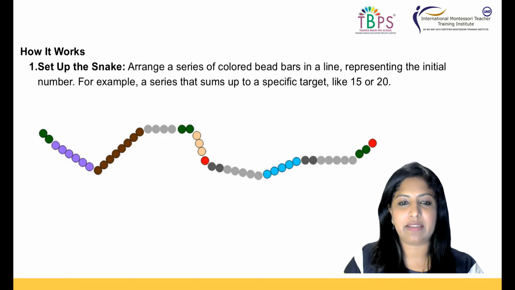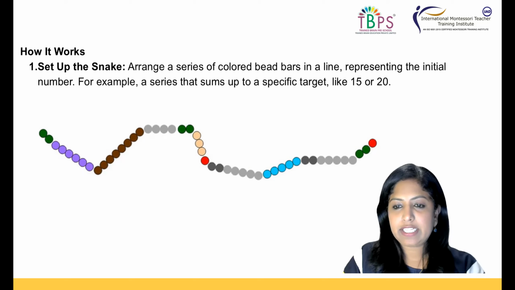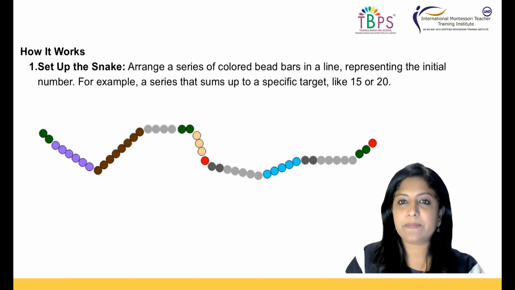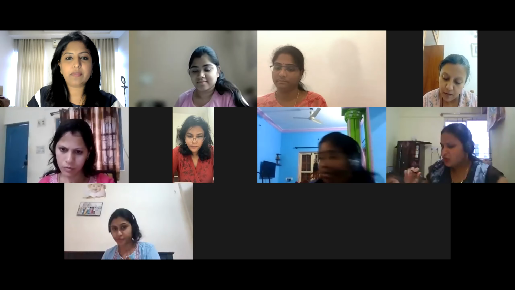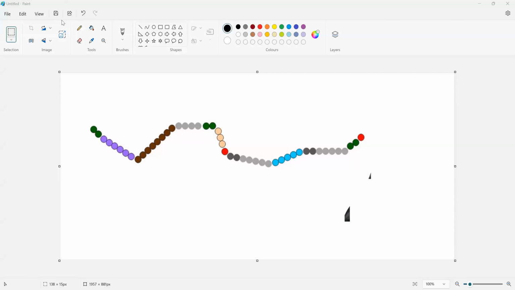I'm just coming. Give me a second, I'm just drawing the snake. Okay, ready? Let's do it. We're doing it manually, we're not doing it practically here. So what I have to do, I have to take my pencil and start to count, right?